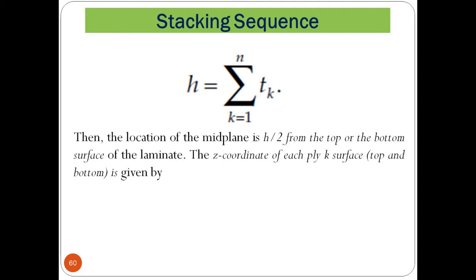And the location of the midplane, as I discussed in the previous slide, is h by 2 from the top or bottom surface of the laminate, and the z coordinate of each ply, k surface, top and bottom, is given by the following formula.